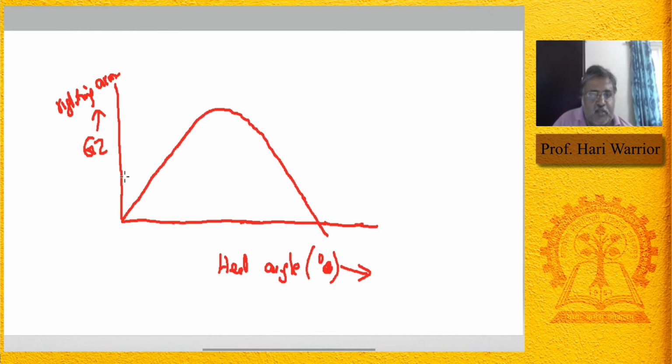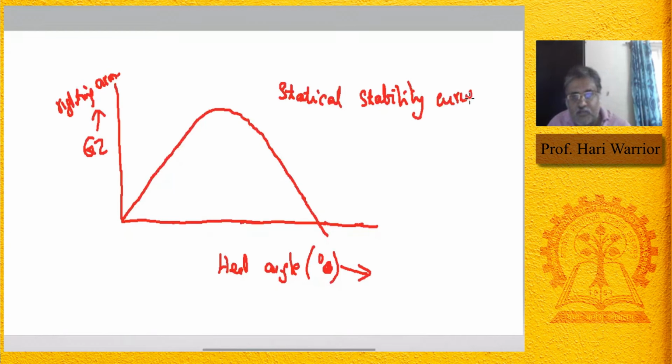It goes like this. Now there are a couple of interesting things associated with this GZ curve. This is known as the statical stability curve or the GZ curve, always known in that fashion.